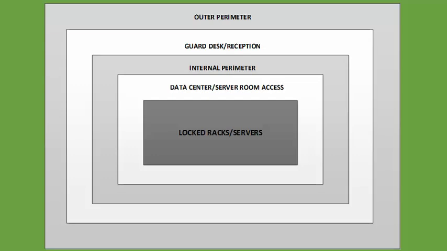Any attacker wishing to get physical access to those servers, switches, routers, etc., will have to breach the outer perimeter, the guard desk or reception, the internal perimeter mechanisms, get access to your data center, and then break into your rack. So there's multiple layers here for any attacker to get through before you become vulnerable.